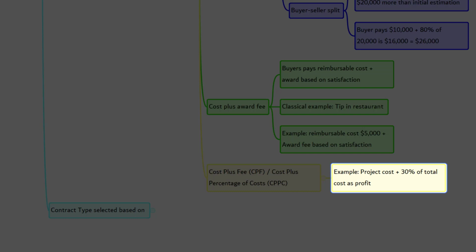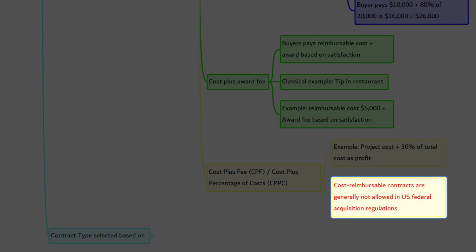Obviously, the seller will try to increase the actual spending because his profit percentage also gets increased. So, this type of cost reimbursable contract is generally not allowed in countries like the United States for federal acquisition or procurement under federal acquisition regulations. It's totally bad for the buyers.